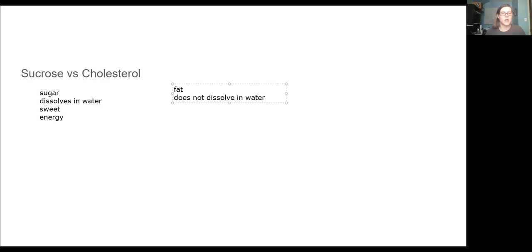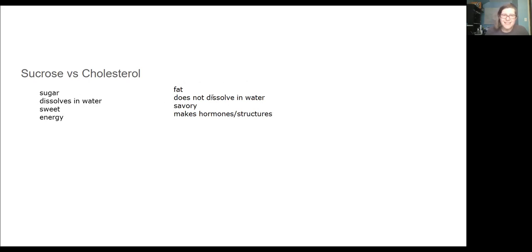You gotta beat them pretty hard. It is not sweet. It is definitely savory, maybe even umami, which is that real savory flavor. And cholesterol, I don't believe I tend to use for energy, but I know that it is used to build things. So makes hormones and other structures. So they're pretty different from each other.